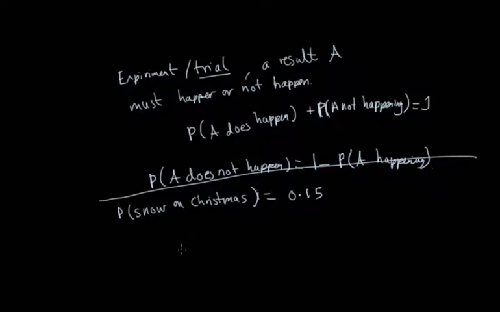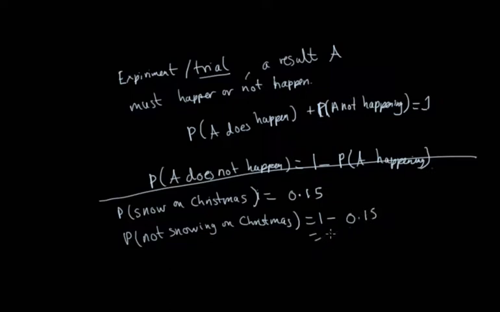Find the probability that it will not snow. So the probability of it not snowing on Christmas is 1 minus 0.15, which equals 0.85.